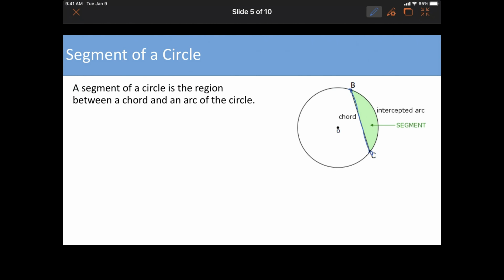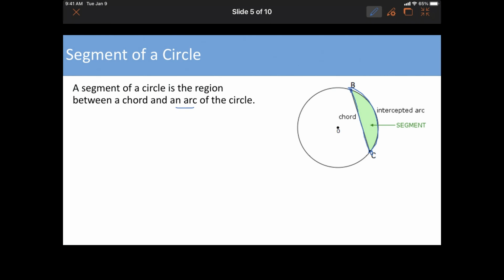And so it's the region between that chord and the arc. So it's this nice shaded round region. So the question is, how do I find the area of that? Take a moment. How would you find the area of that?